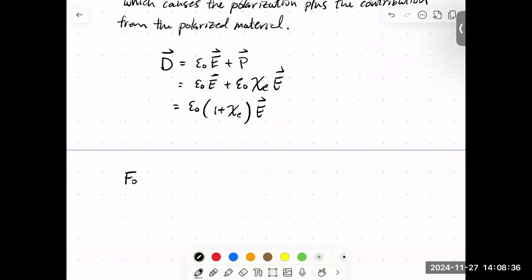So for linear dielectrics, this result tells us that not only is the polarization proportional to E, this electric displacement is also proportional to E. I should emphasize that not all materials are linear dielectrics.